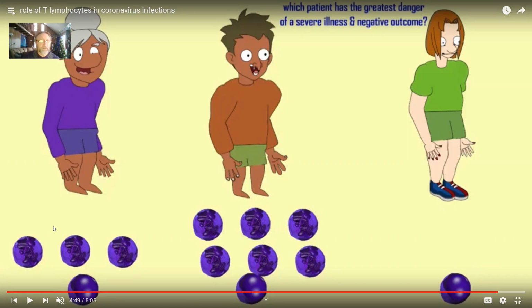One of the best diagnostics is to perform that neutrophil to lymphocyte ratio. Normally it's around 3. This patient here might experience only mild symptoms.